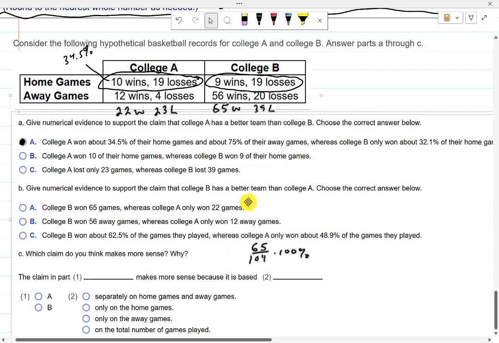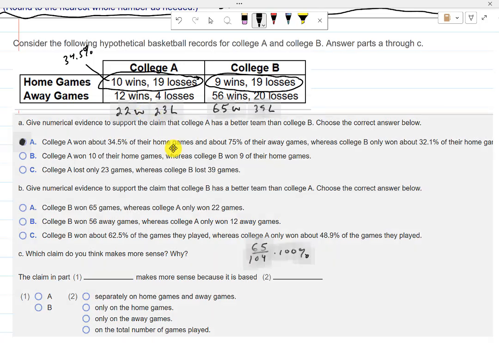And then Team A only won 48.9%. So I'm going to try 22 out of 45.